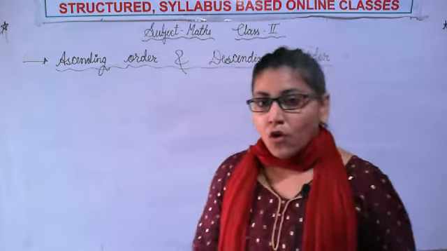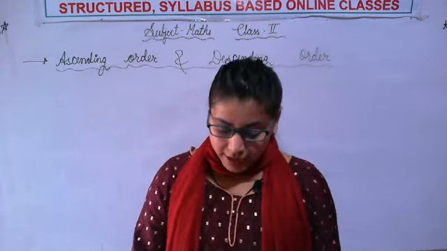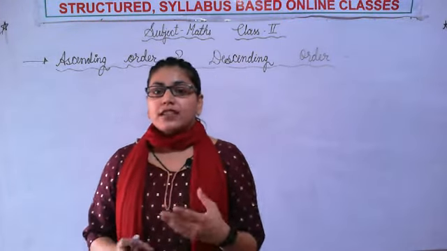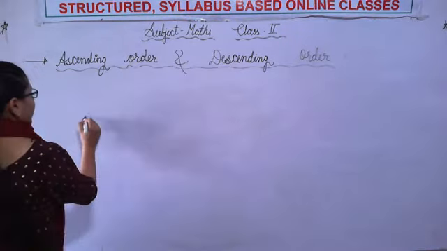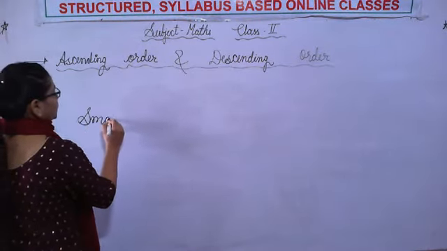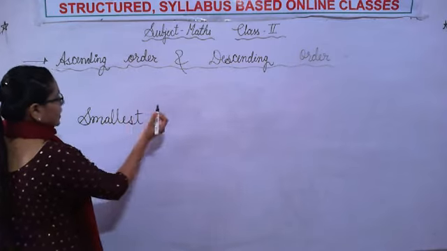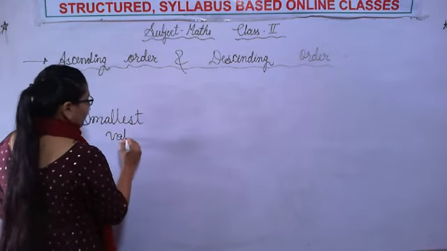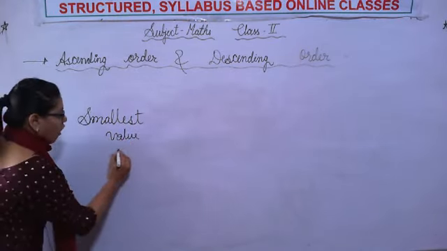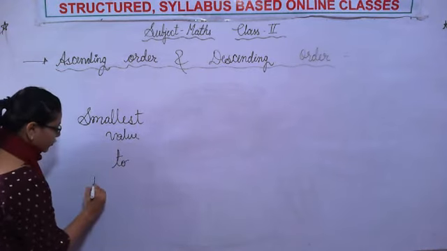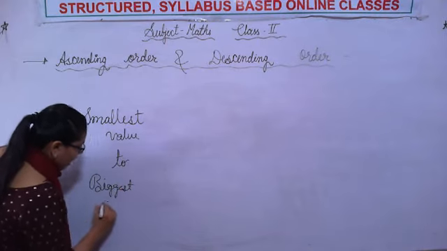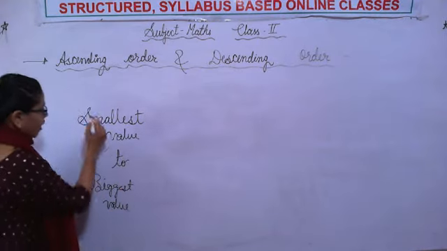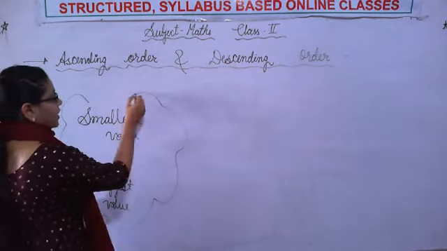We know what ascending order is. Ascending order is putting the numbers from smallest value to greatest value. And the descending order is vice versa.